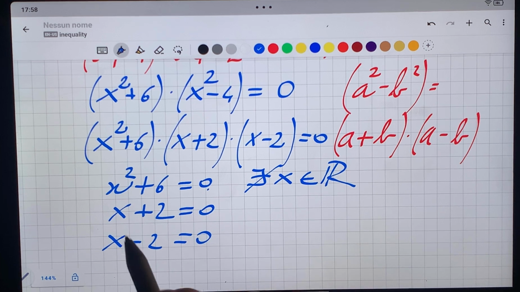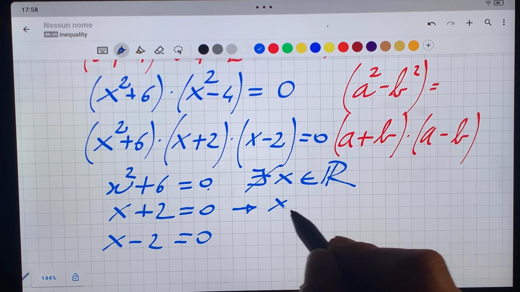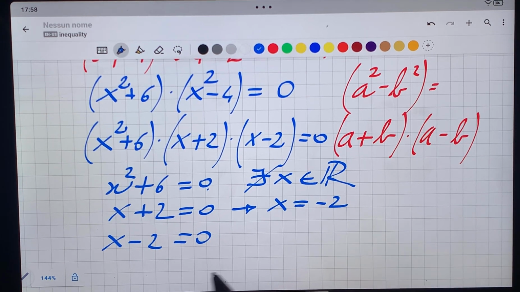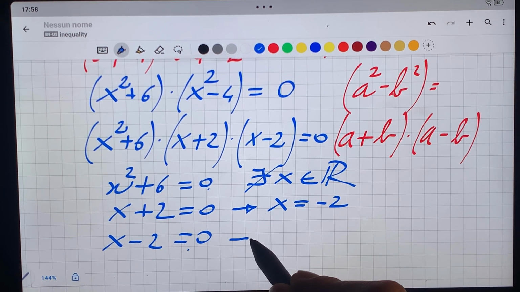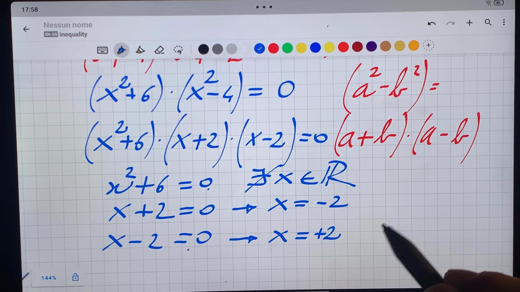Instead, in this case, x plus 2 is equal to 0. That means x is equal to minus 2. This is one solution. And the other solution is x minus 2 is equal to 0. That means x is equal to positive 2.